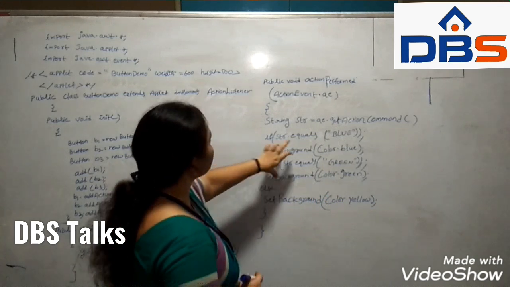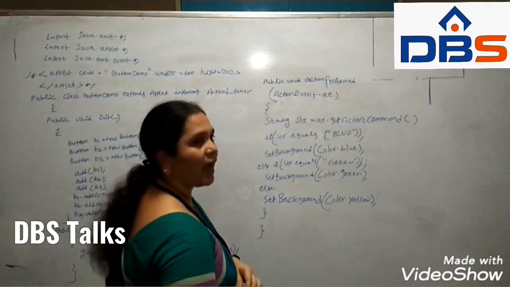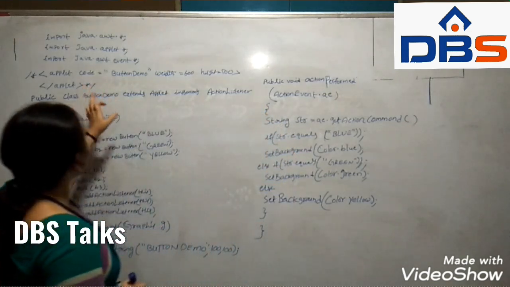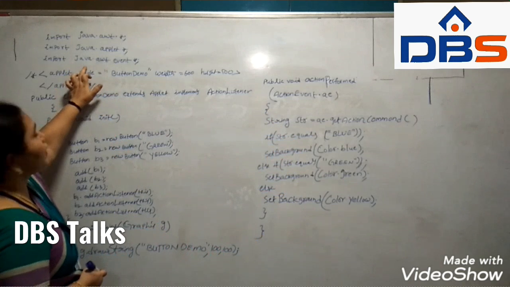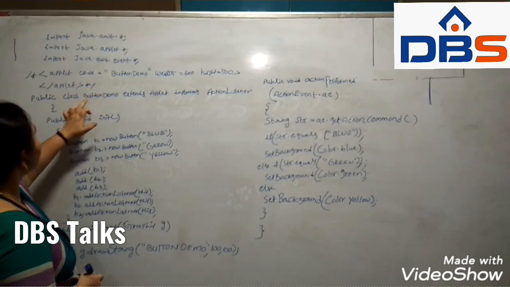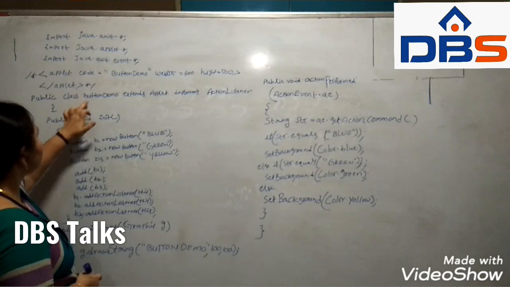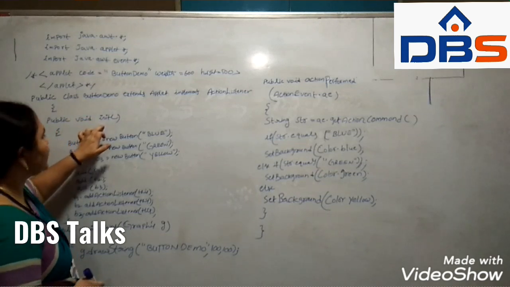So according to this action, with the functions we wrote, we can perform some actions. See this whole program. Here we import the Java packages, then we write the applet code for getting the applet. Here we write the class that extends the Applet class. In this class we are using some methods, that is the init method.